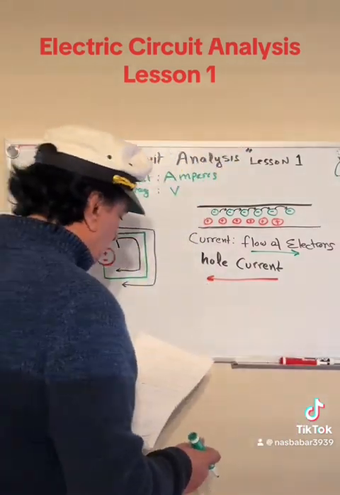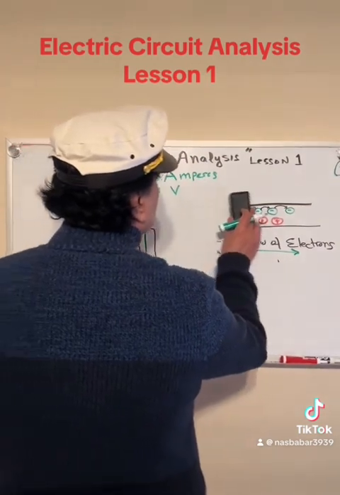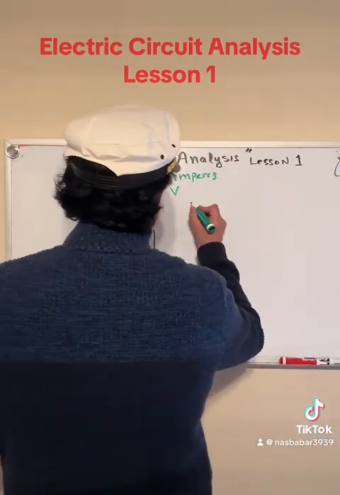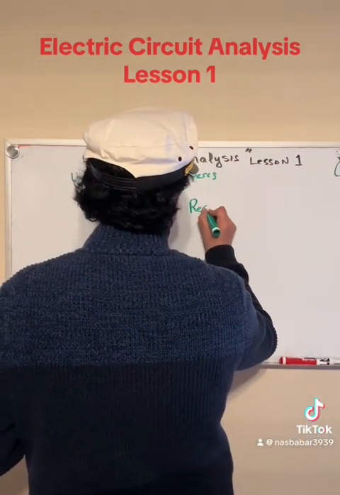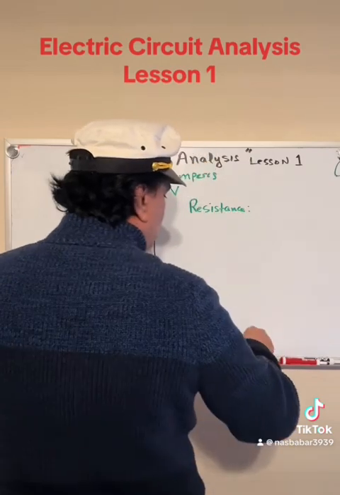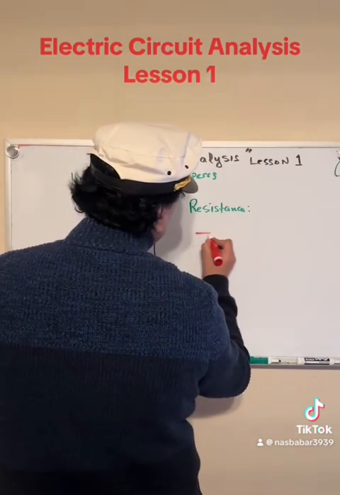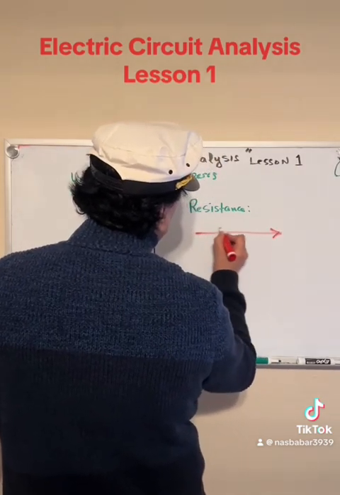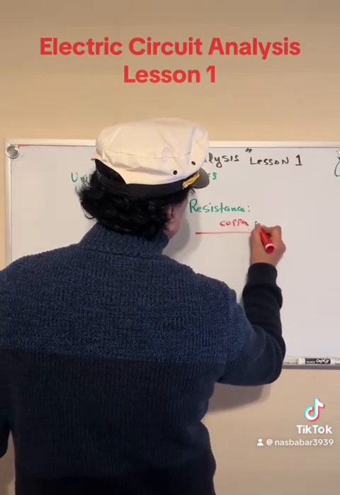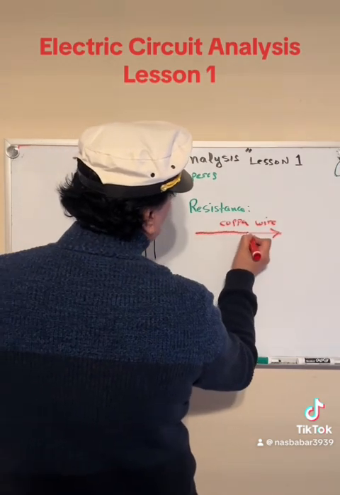Let's see what else. We are going to talk about what resistance is. Resistance is basically, if you have current flowing in this direction, and this is a copper wire, there are going to be line losses.